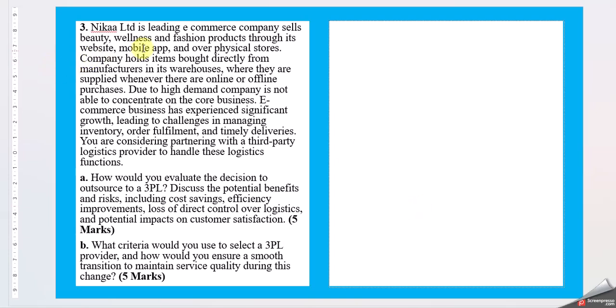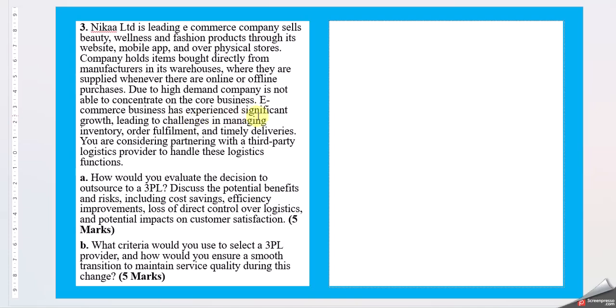Question 3. Nika Limited is a leading e-commerce company that sells beauty, wellness and fashion products through its websites, mobile app and physical stores. The company holds items bought directly from the manufacturers in its warehouses, from where they are supplied for online or offline purchases. Due to high demand, the company is not able to concentrate on its core business.